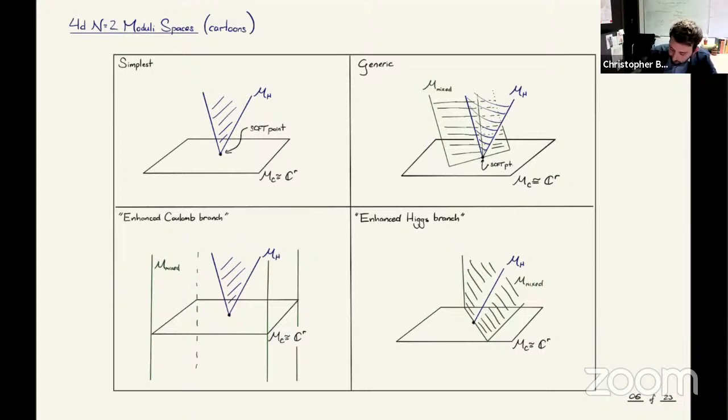And there's a sort of opposite notion, which I don't know if it's been named in the literature, but it should obviously be called an enhanced Higgs branch.